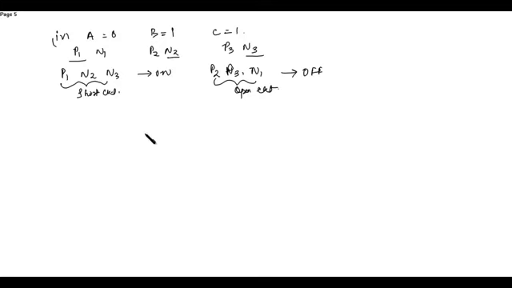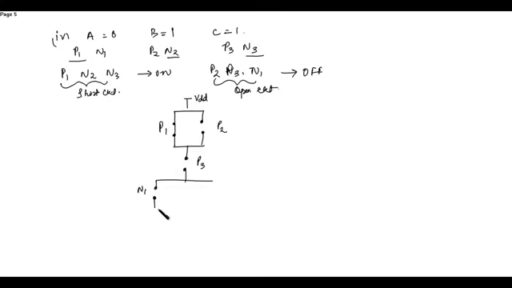So now when P1 is on, this is represented by the short circuit. This is P1. P2 is off, so this is open circuit. P3 is also open circuit. Now N1 is off, so open circuit.